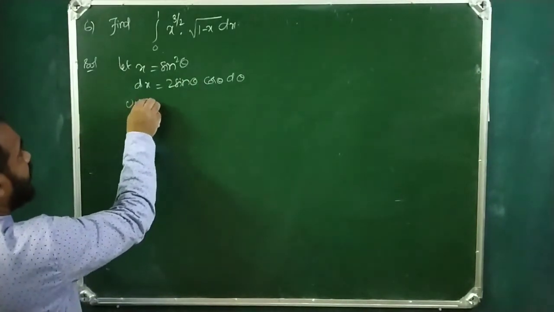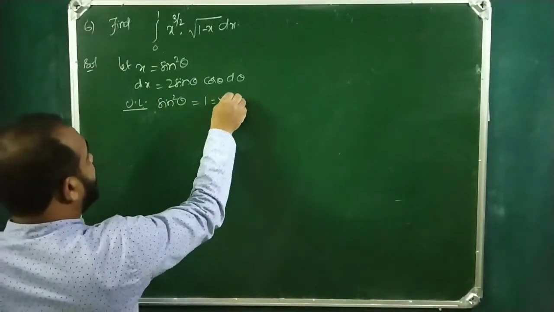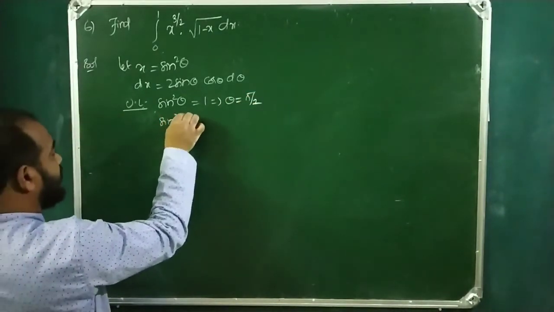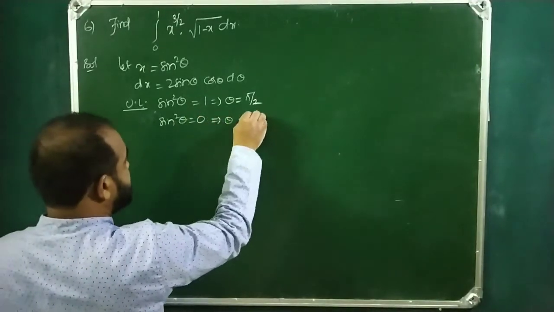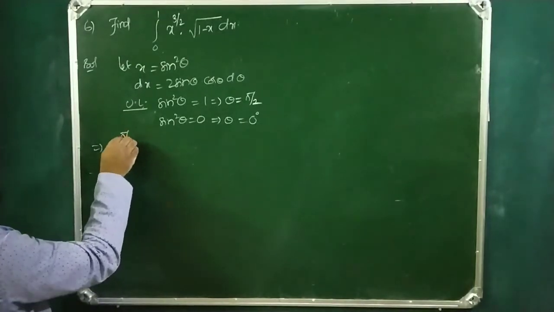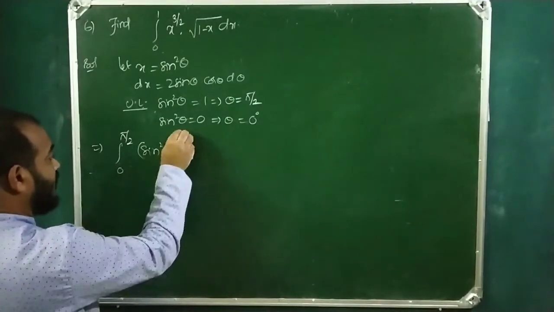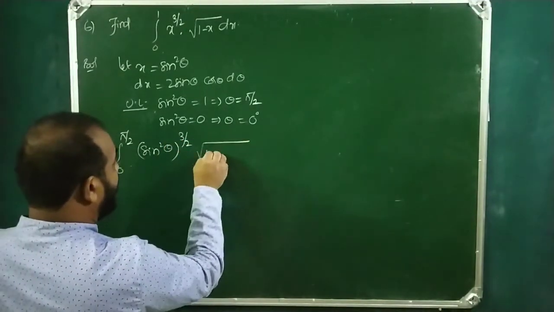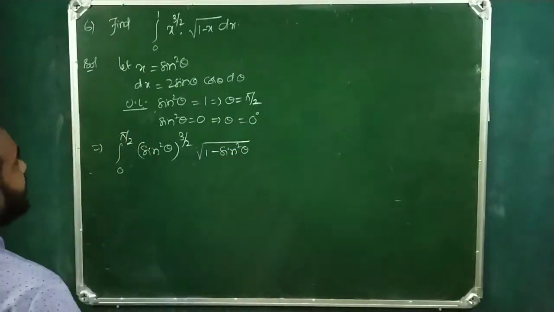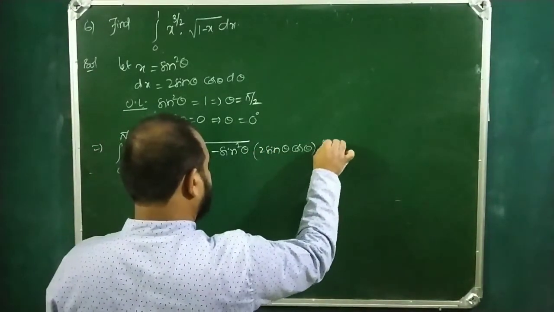So upper limit, sin square theta is equal to, x value is 1, so theta is equal to pi by 2. Lower limit, x is 0, theta equals to 0 degrees. So therefore the given integral will be from 0 to pi by 2, x power 3 by 2 is sin square theta whole power 3 by 2, root of 1 minus x is root of 1 minus sin square theta, into dx is 2 sin theta cos theta d theta.